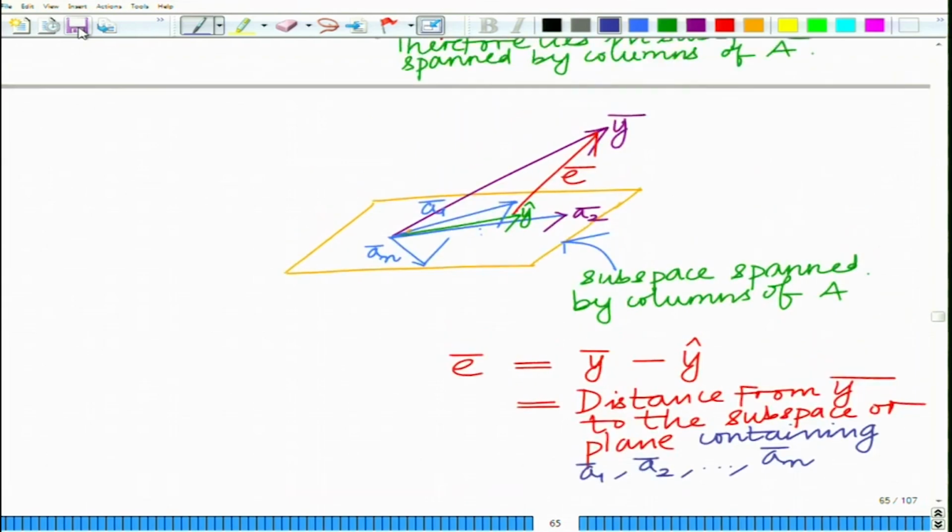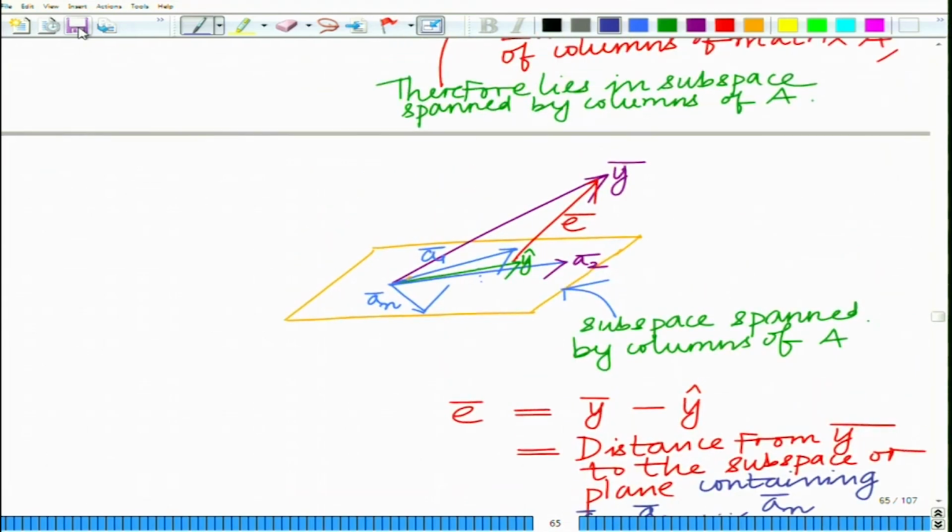So, what you can think of this as, basically you have a vector y bar and you have this plane that contains a1 bar, a2 bar, an bar, alright, and this plane contains different possible approximations y hat.